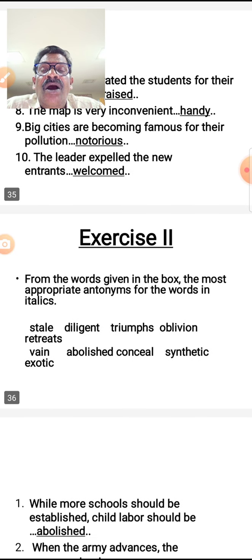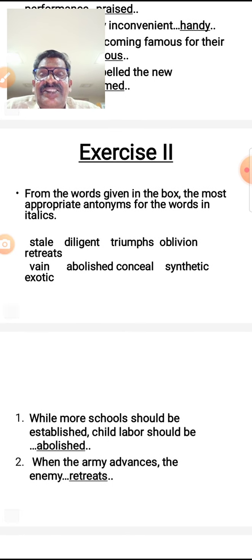And now, after completion of the first exercise, come to the second exercise. In this exercise, from the words given in the box, choose the most appropriate antonyms for the words in italics.